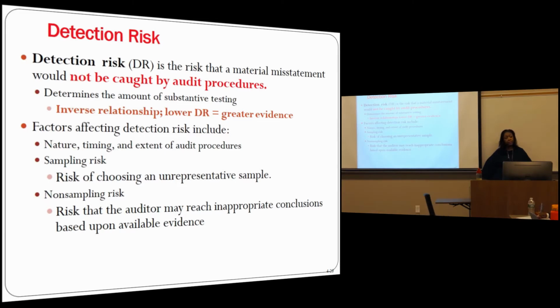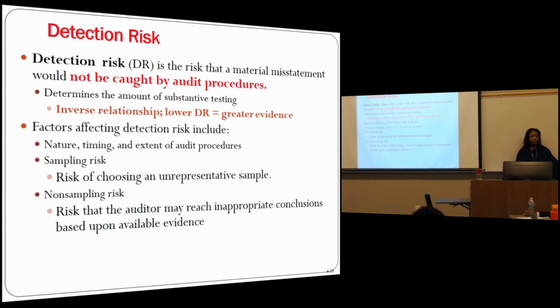So risk of material misstatement consists of inherent risk and control risk. Even then, you always have to gather more evidence, because according to skepticism and conservatism, you have to gather sufficient and appropriate evidence based on your risk assessment.